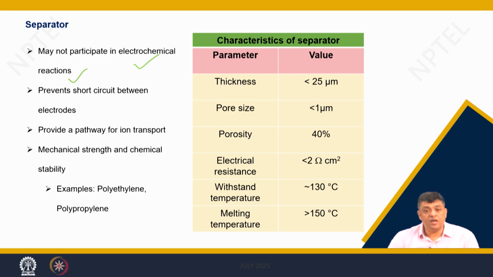It should be chemically stable, thermally stable as well as mechanically stable. Typical parameters you look at when deciding a separator are that their thickness is generally less than 25 microns, the pore size is less than 1 micrometer, porosity is 40%, electrical resistance is 2 ohm per centimeter square, and they can sustain high temperatures while having reasonably high melting temperatures.